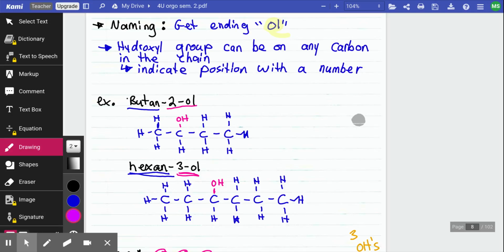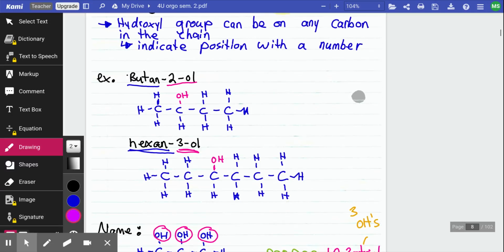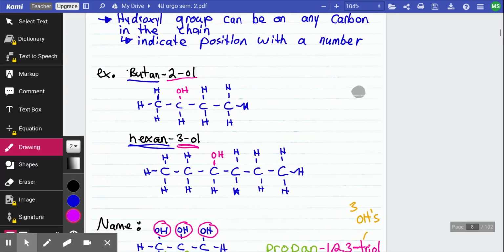And again, the but tells us that there's 4 carbons. The ane is telling us it's all single bonds, and a 2 on carbon 2 is the hydroxyl group. Okay, and just the same right here, hexane 3-ol. Super easy and straightforward. Another example, so maybe make sure you have those down.